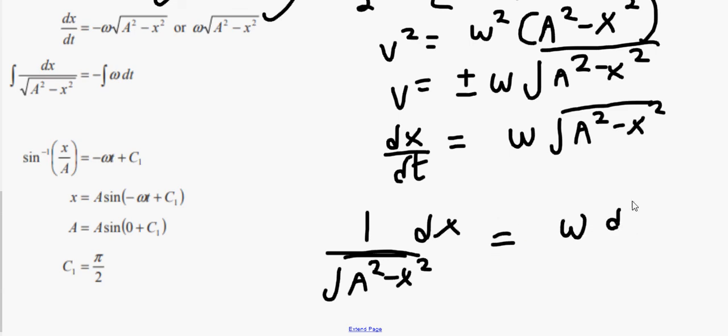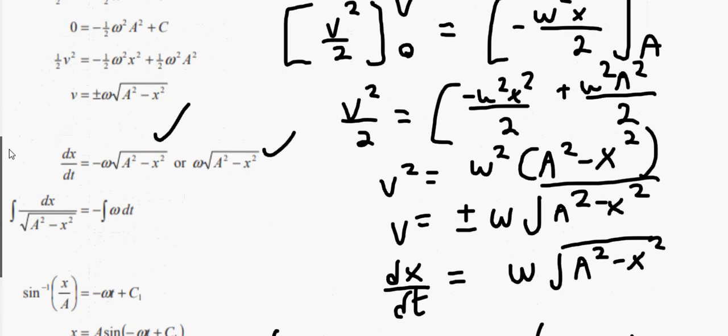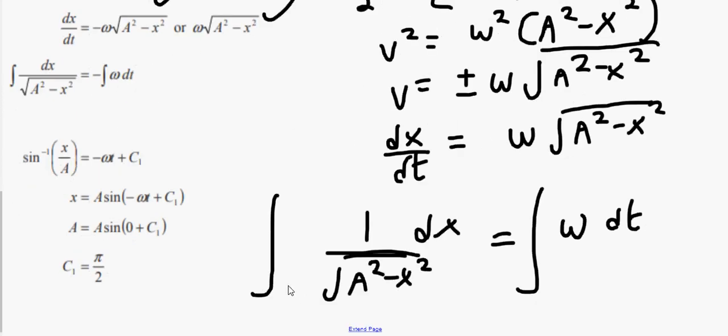And then what about over here? What are our limits? What's our distance at the beginning? That's a, is it? And this is t, and this one is x. All right, let's keep going.